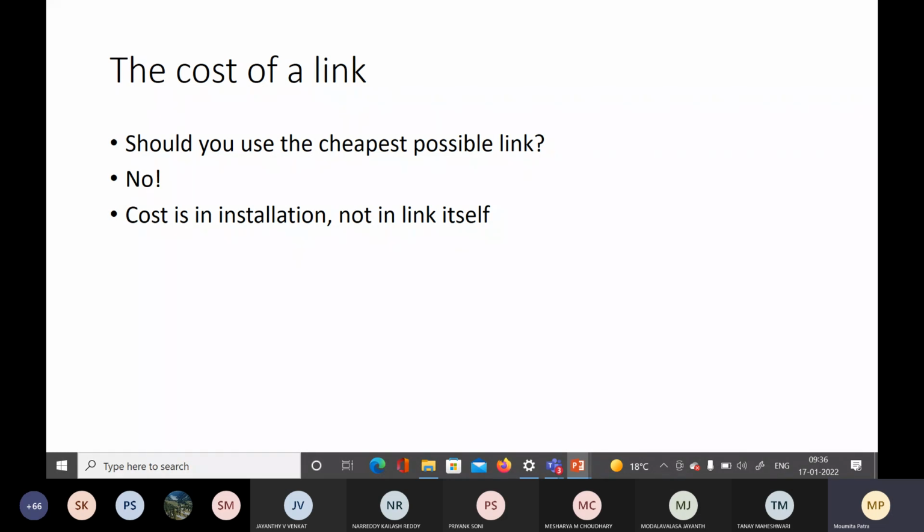But when you are considering transmission links, you just have to put out the links, and maintenance is needed only once in a while, if there is some issue at some place. So even if it is a costly link, you will gain much more than what you are going to spend on any kind of modifications.